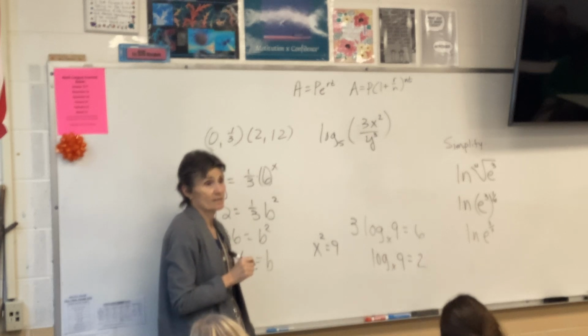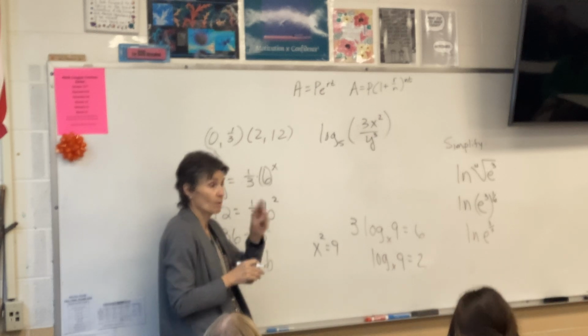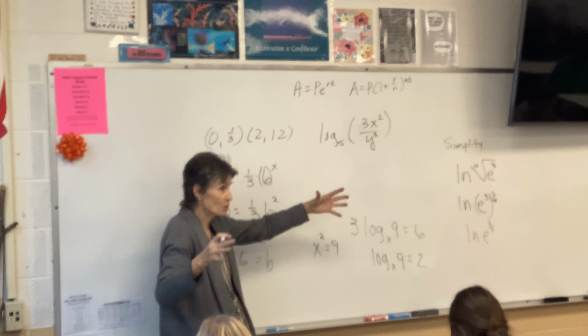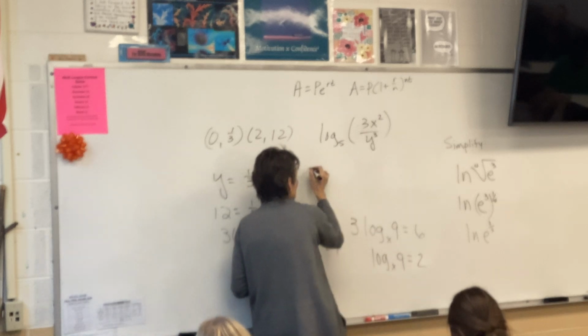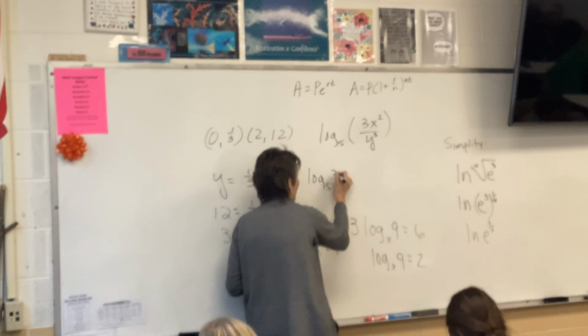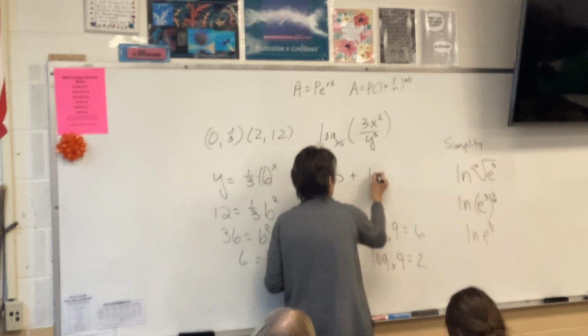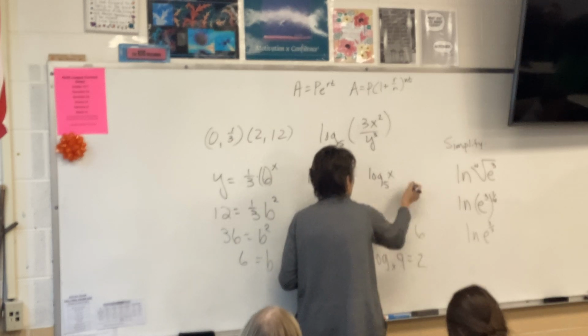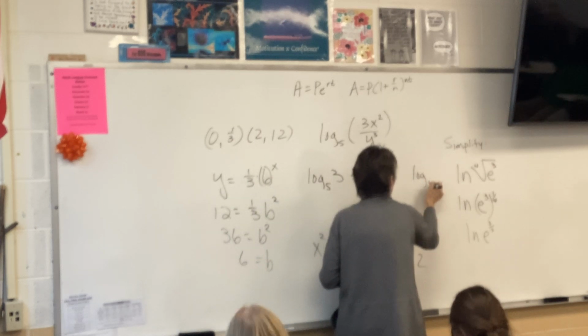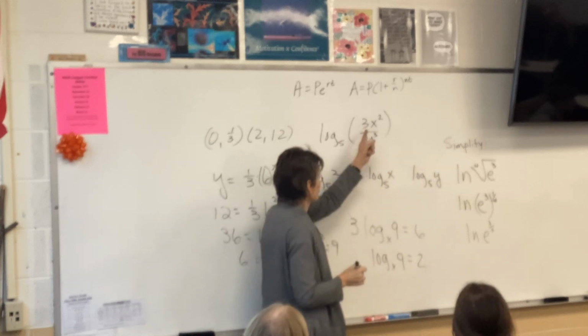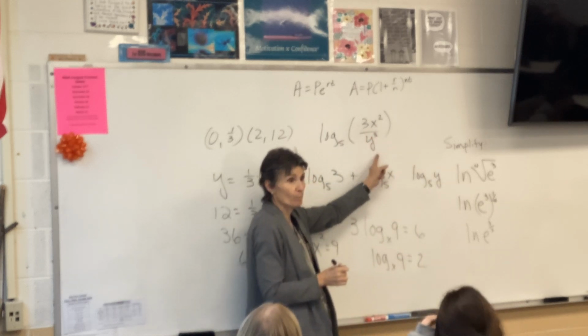So what does expand mean? It means have, instead of one logarithm, have a bunch of them. You're gonna need 3, because you have a 3, you have an x, and you have a y. Those are the 3 components of your problem.